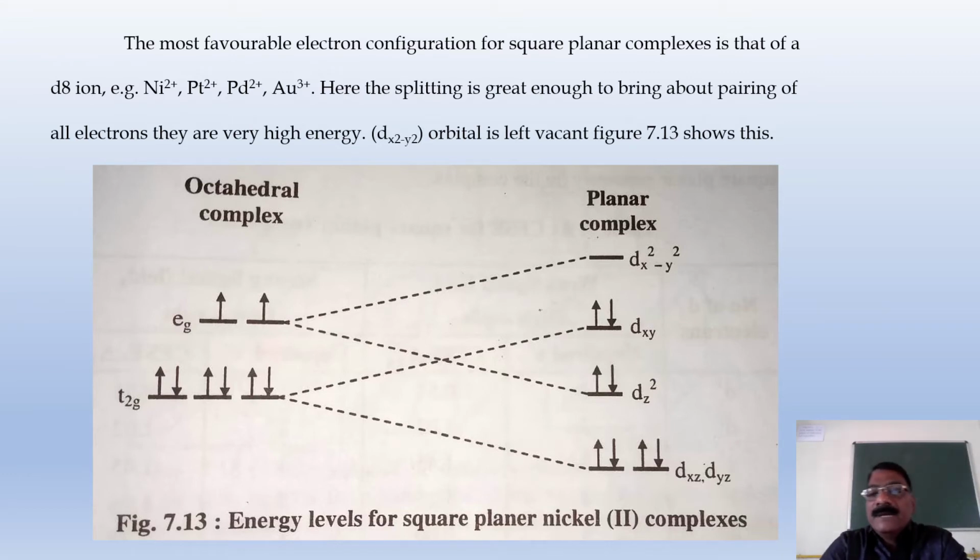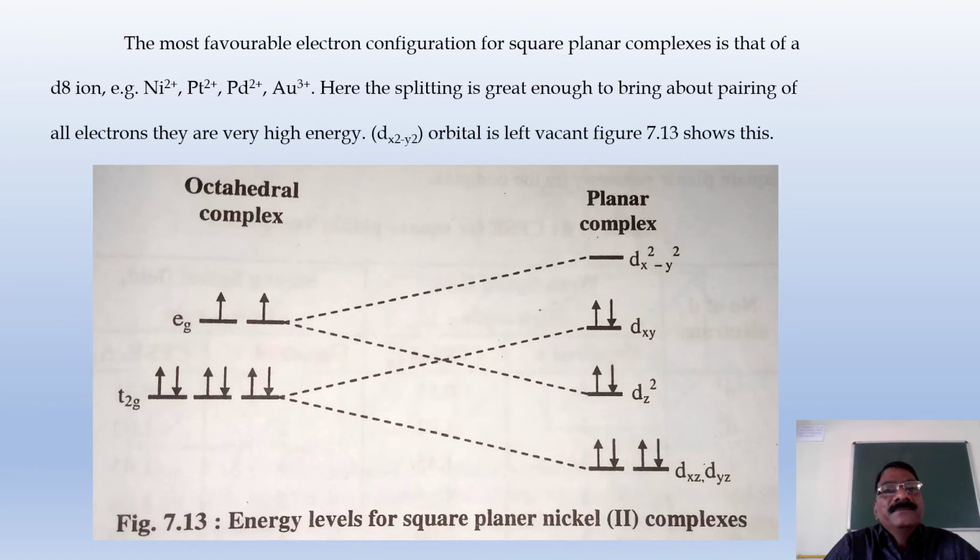Thus after splitting, the electrons enter as 4 electrons in 2 orbitals, that is dxz and dyz, 2 electrons in dz square, then the remaining 2 electrons in dxy, and dx square minus y square remains empty.